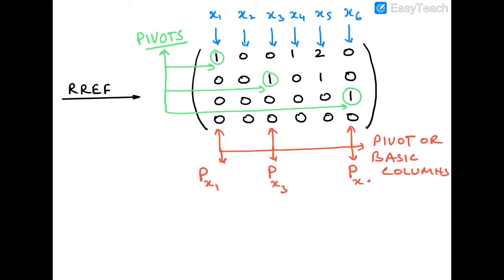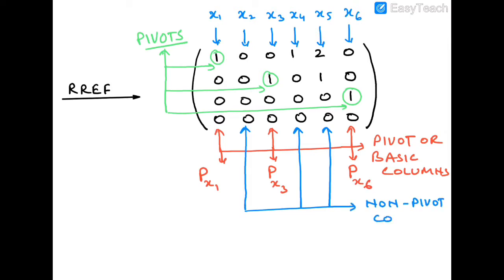and columns number 2, 4 and 5 are non-pivot columns, and free variables correspond to these columns. So we can name them Fx2, Fx4, Fx5. F is for free variable.